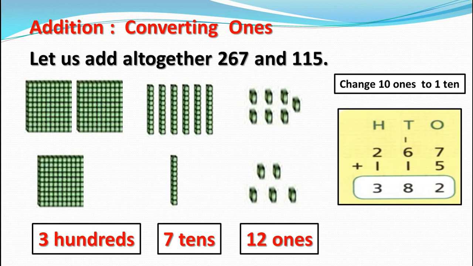So here we will write 2 on ones and 1 ten will convert into tens. Now add tens. 1 plus 6 equals 7 and 7 plus 1 equals 8. Now add hundreds. 2 plus 1 equals 3. So the answer after conversion is 3 hundreds, 8 tens, 2 ones. Or we can say that the answer is 382.